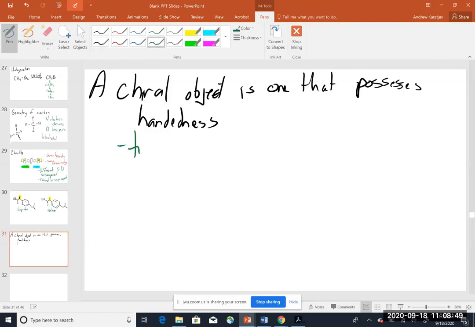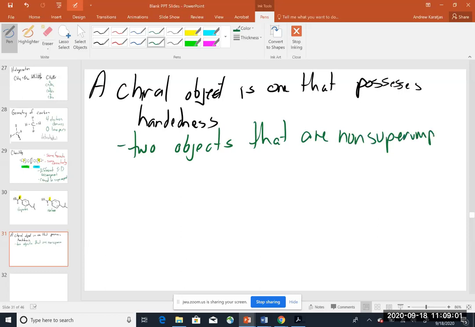Or we can say two objects that are non-superimposable mirror images. As we said, almost all biomolecules are chiral.